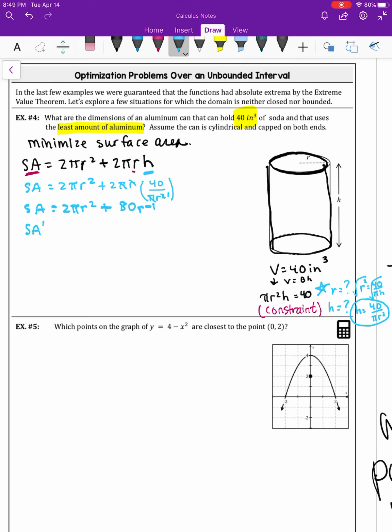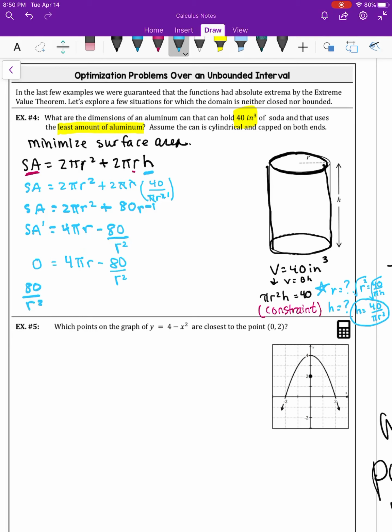It's 80 over r because 2 times 40 is 80. And the only thing left in the denominator is r, but I'm going to bring it up as r to the negative 1 so we can take the derivative. Because we're trying to minimize the surface area, we need the derivative of the surface area. I'm going to bring the 2 down times that 2 pi is 4 pi r, and this is going to be minus 80 r to the negative 2. So that's over r squared.